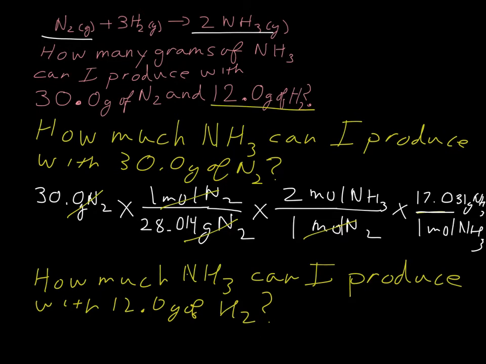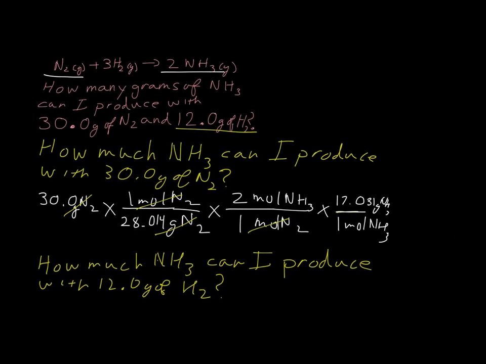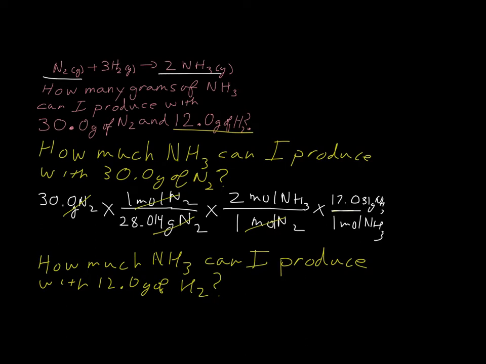I multiply everything on top, I divide through by everything on the bottom, and I wind up with, drum roll please, 30 divided by 28.014. Of course you were doing this with me at home, I am sure.